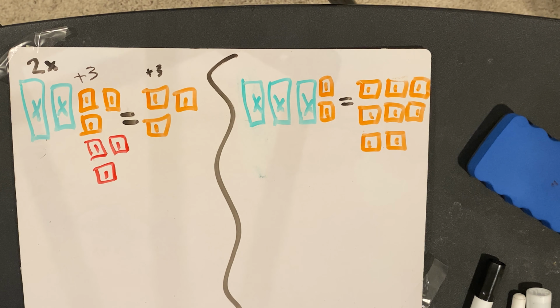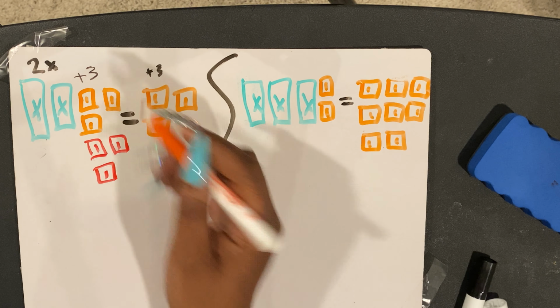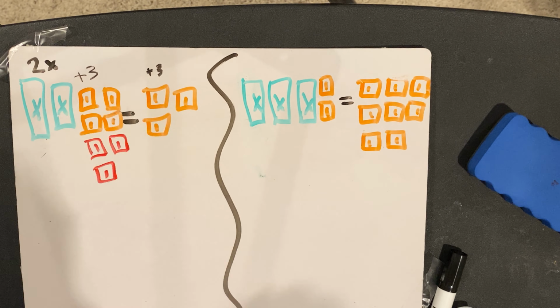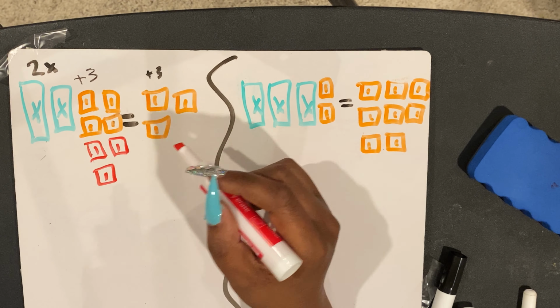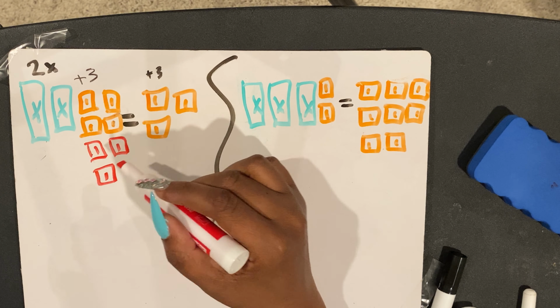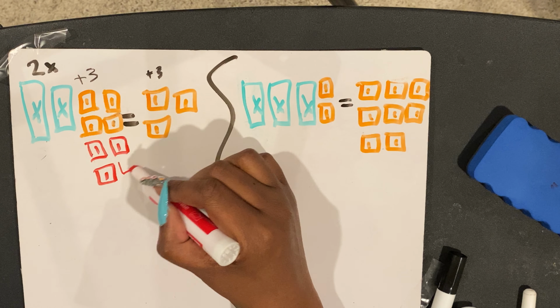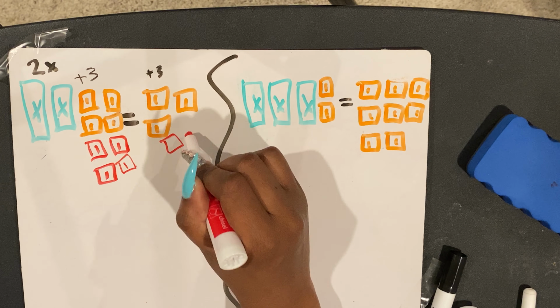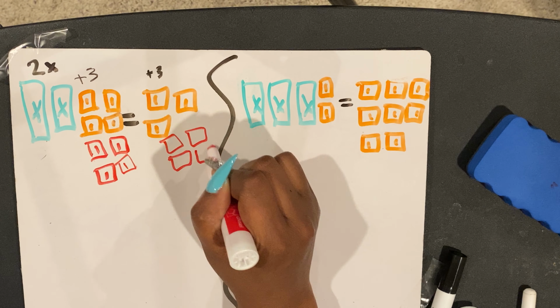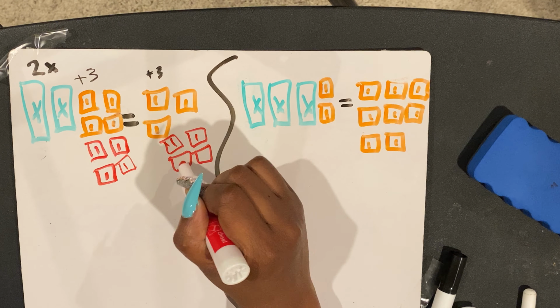Actually, I forgot one more square. Sorry, guys. My bad. So let me put my 3 over here. We've got 4 over here, and I need to do 4 over here. 1, 2, 3, and 4.